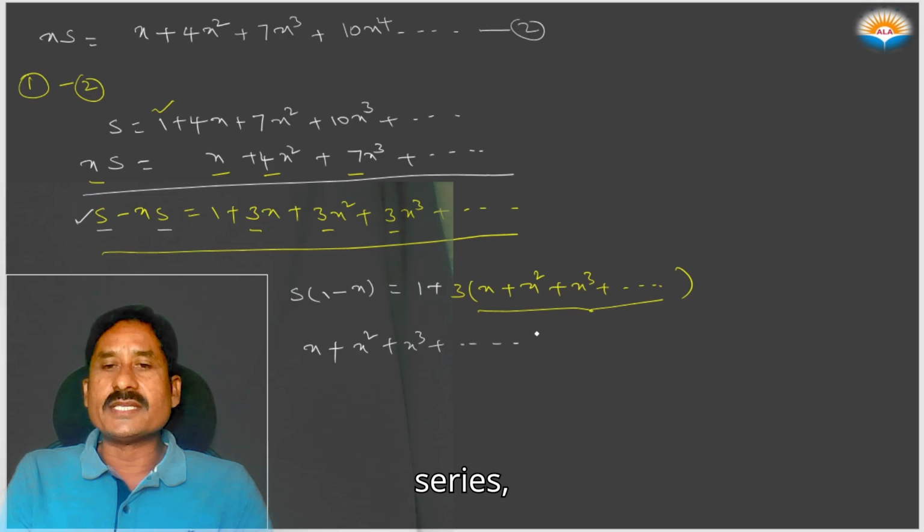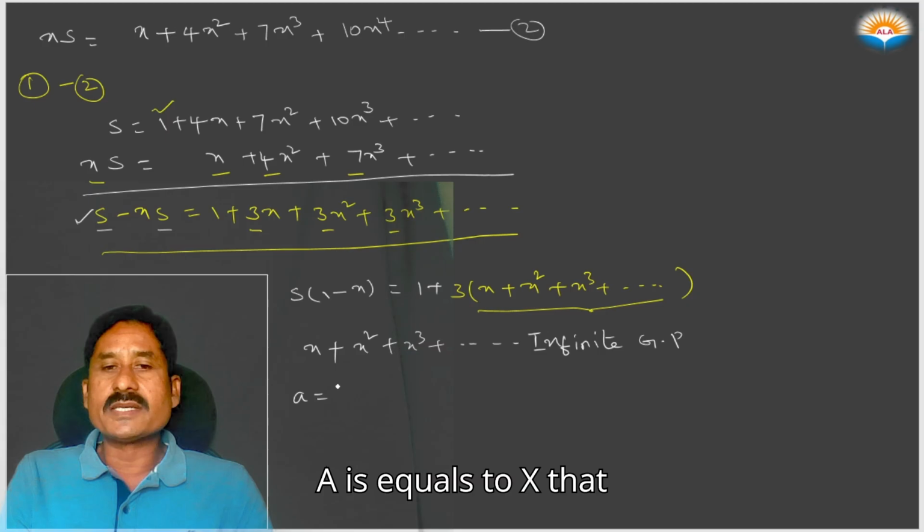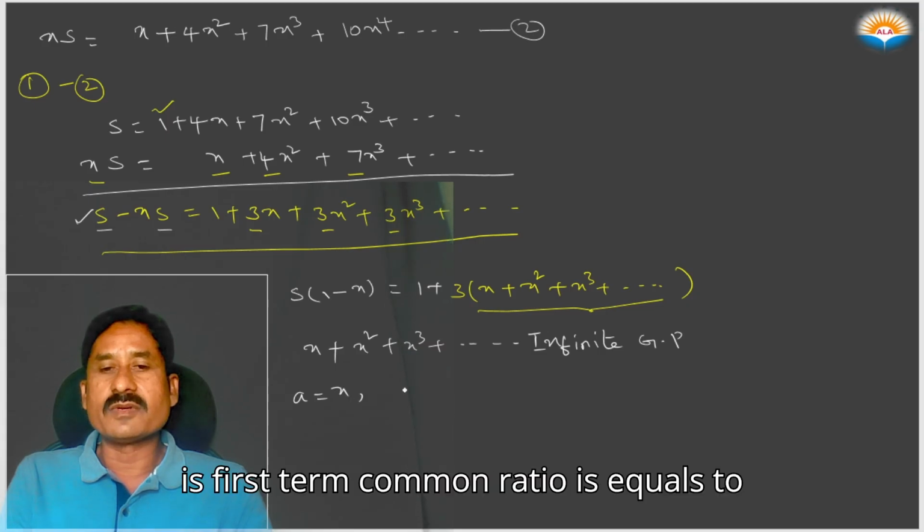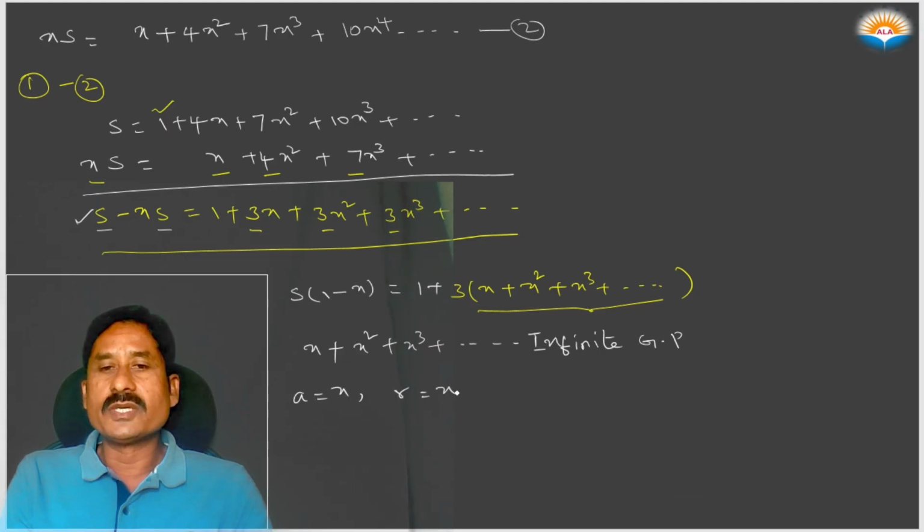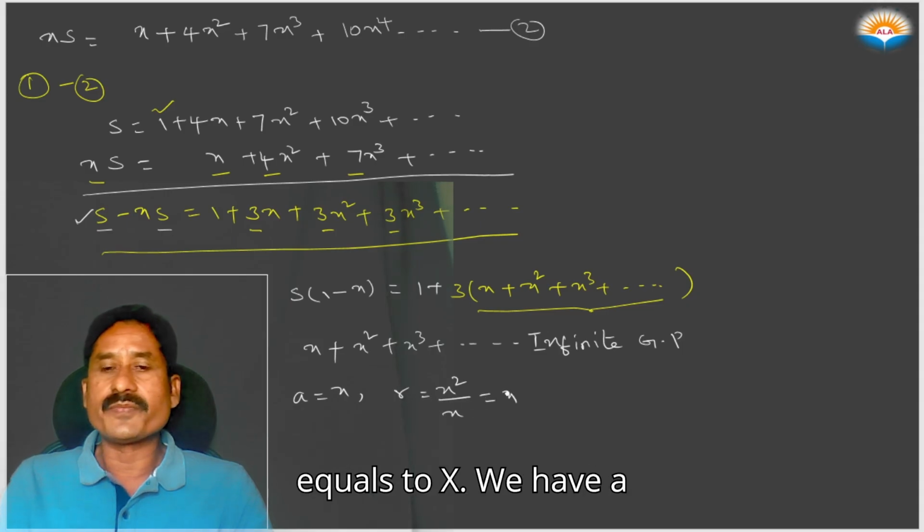This is an infinite GP. Here the first term a is equal to x, and the common ratio is x square by x, that is equal to x.